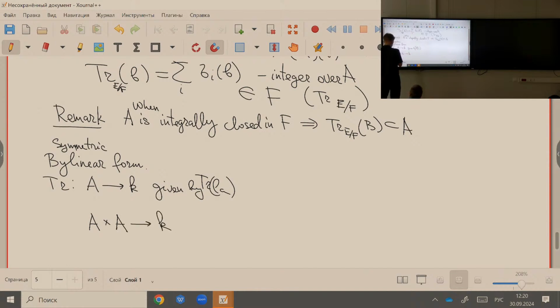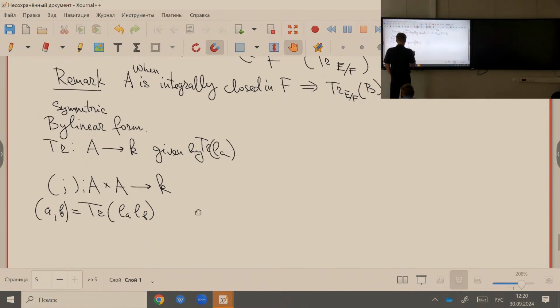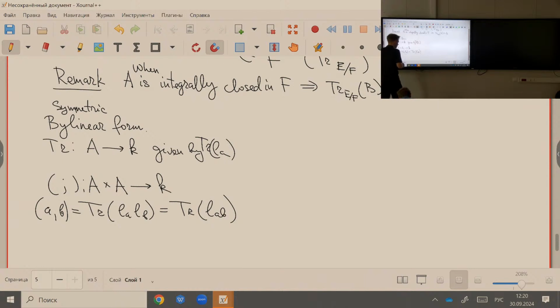We are saying that this bilinear form is just trace of L of A, L of B, which is simply the product of composition, L of A, which is actually a trace of AB.